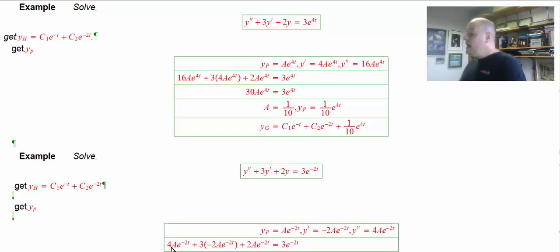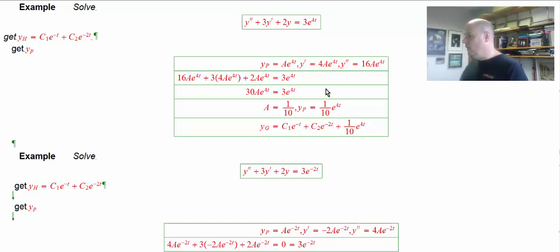When I simplify this though, I get 4 of these a times e to the minus 2t. I get 4 of them minus 6 of them plus 2 of them. That equals 0. They all cancel out. So I can't figure out what a is to hit this target.